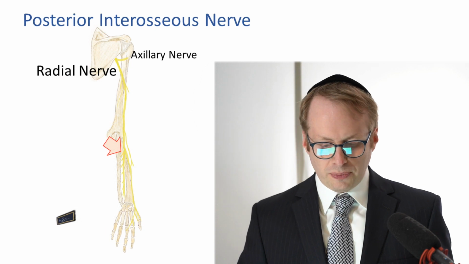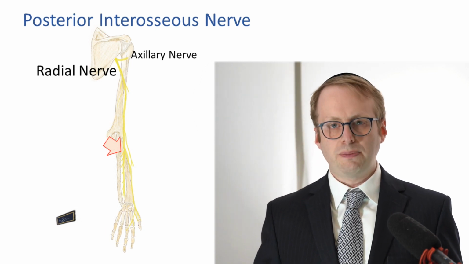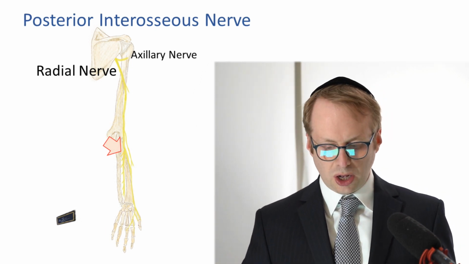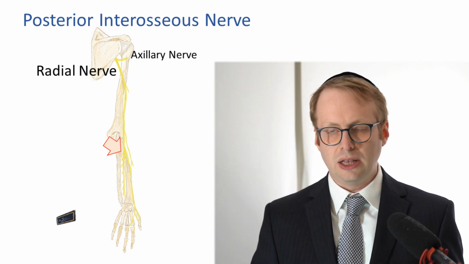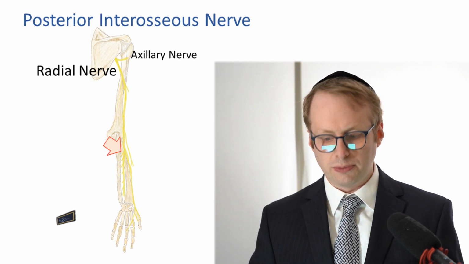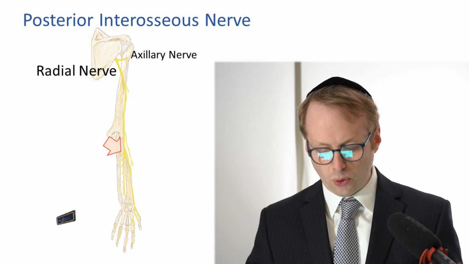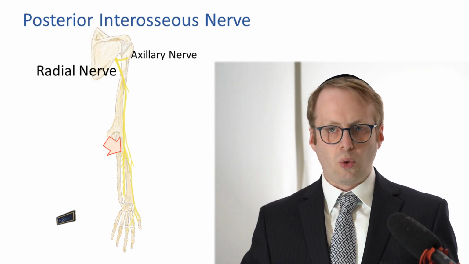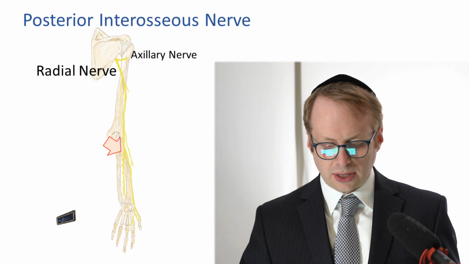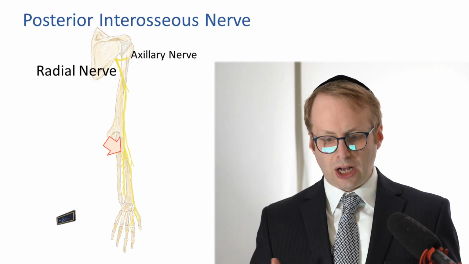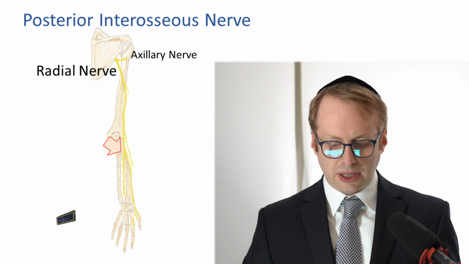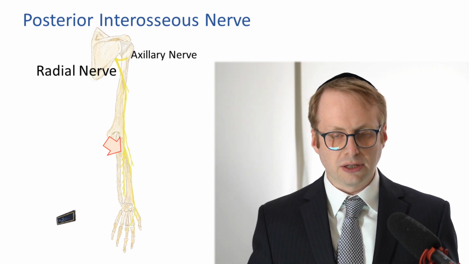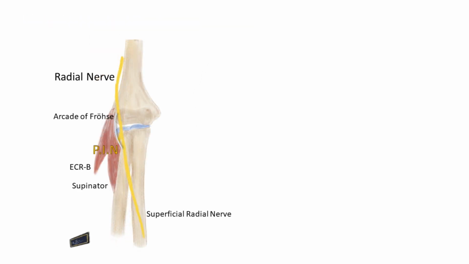Following that, the radial nerve eventually becomes the posterior interosseous nerve, and effectively it loses the sensory fibers which have branched off before that, and then it innervates the more distal extensors of the hand. Where that occurs is just before the arcade of Frohse, if I've pronounced that correctly, I don't know.